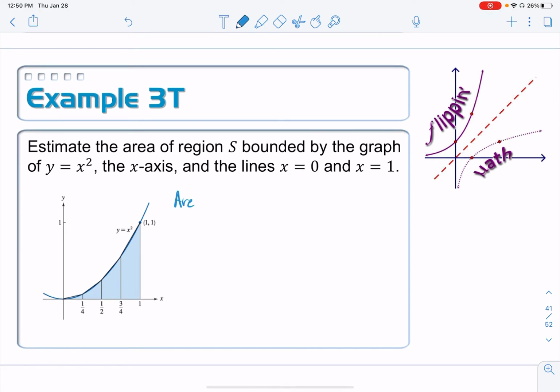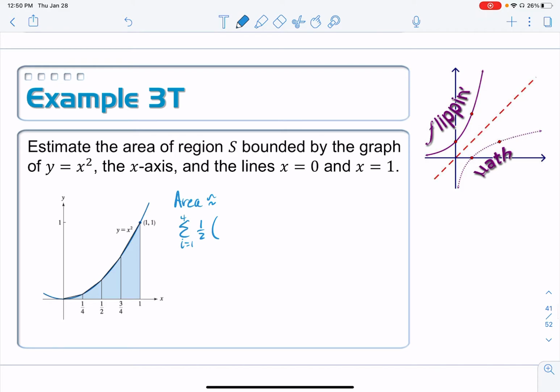Our area should be approximately equal to the summation from i equals 1 to 4, and we're taking the average of the left and the right, so I'm going to take 1/2 of, in parentheses here, the summation for the left Riemann sum and the right Riemann sum.